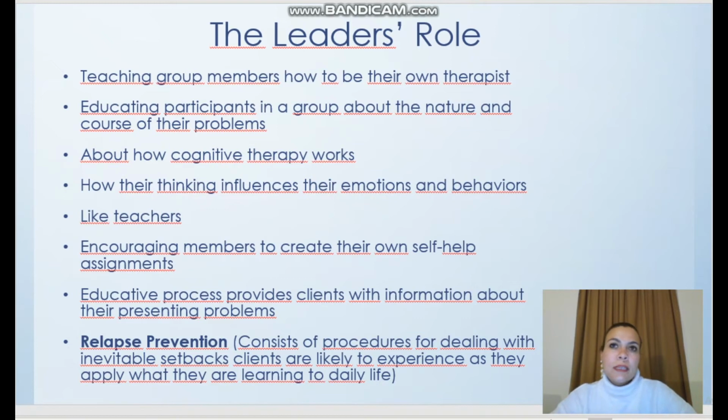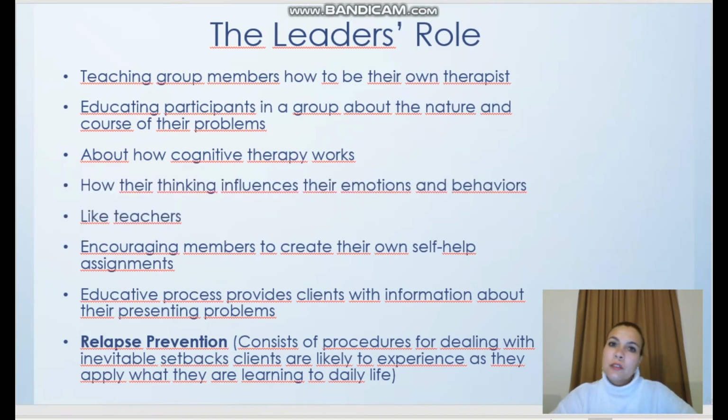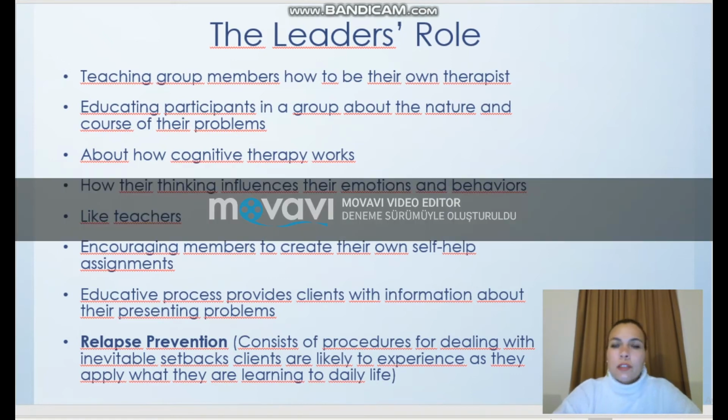Think that they will learn some abilities to challenge their own thinking, to catch themselves while having some automatic thoughts, but sometimes they will not be able to apply the skills that they have learned in the group counseling settings to real life. And in order to prevent such relapse, which is repeating the old fashion, you prepare your clients with self-help skills, and in cases where necessary, you ask for follow-up sessions.